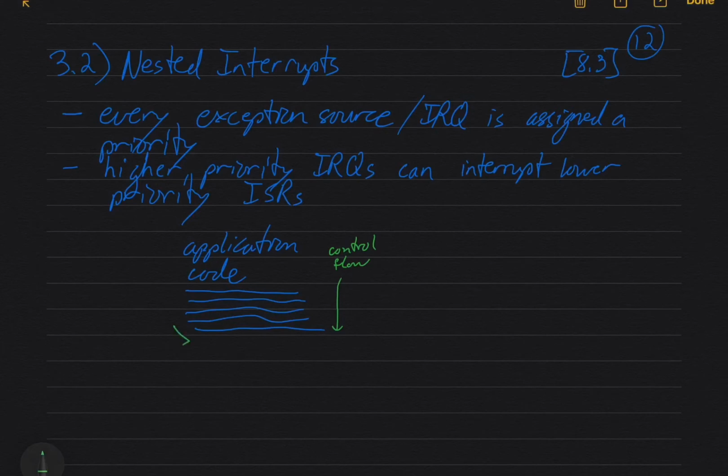It's running, and an interrupt comes in, so we have a low priority interrupt request. So this is the preemption point. When you're running code and it gets temporarily suspended and then resumed, it's been preempted. Well, really, I guess when it's suspended, that's when it's preempted. So that's our preemption point.